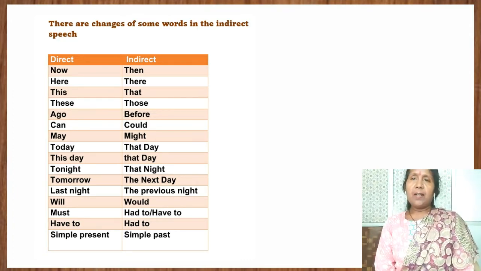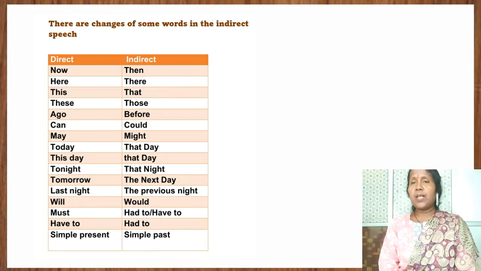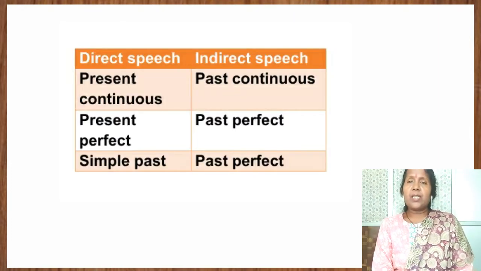Next, must becomes had to, or has to, according to the tenses. Next, have to becomes had to. Next, simple present becomes simple past. Next, present continuous becomes past continuous.